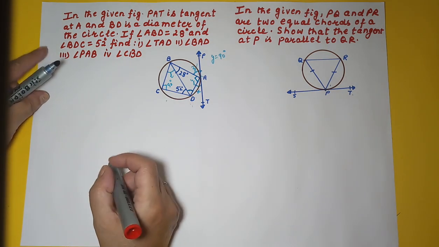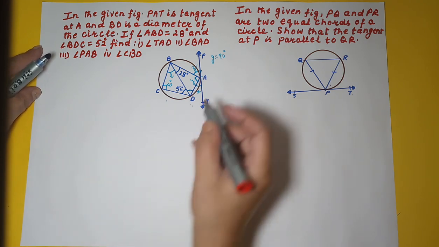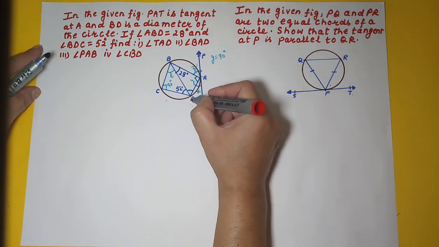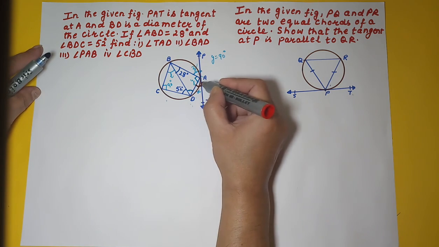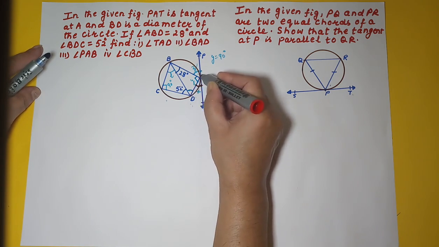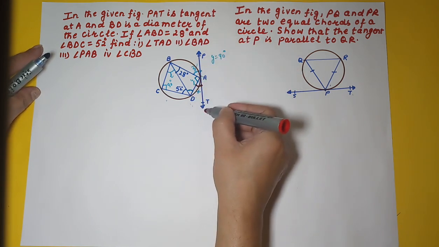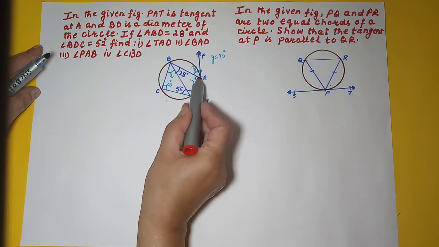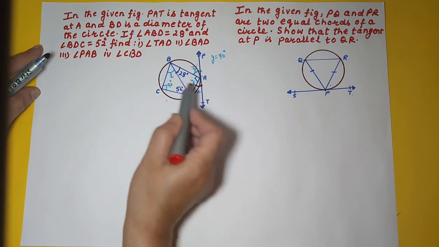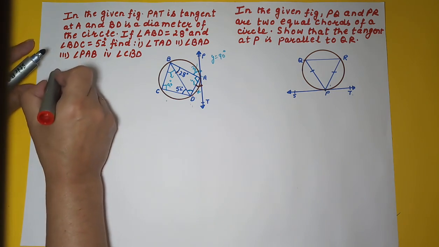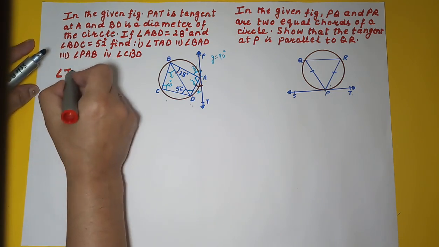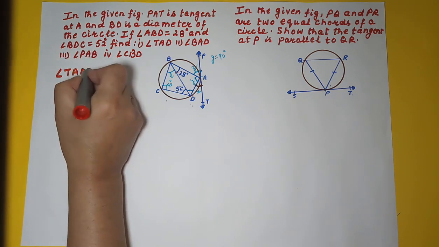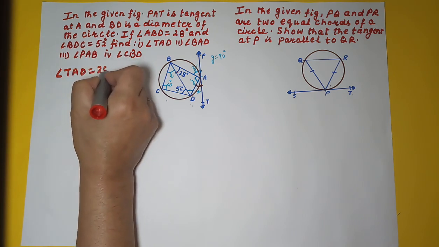We will write first of all angle TAD. TAD, that is X. So this is made by the chord AD and the tangent PT. So this is equal to the angle made by this chord in the alternate segment, that is 28. So I can write directly as TAD is equal to 28 degrees.